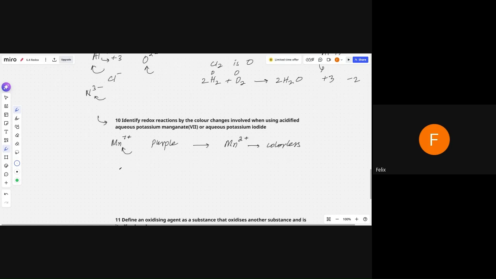For potassium iodide, let me explain the color change. Potassium iodide is KI. Here, potassium exists in the oxidation state of +1, and the iodide ion exists in the oxidation state of -1. When it loses an electron, 2I negative changes into I2 plus 2e negative, after two iodide ions lose 2 electrons.